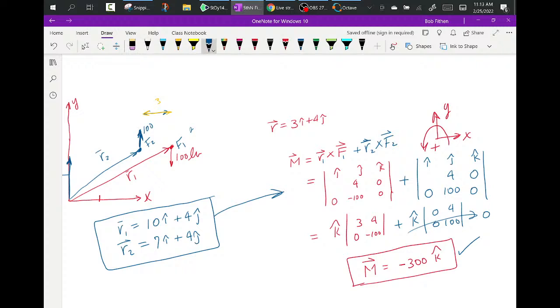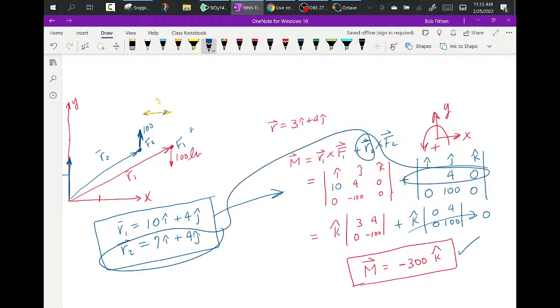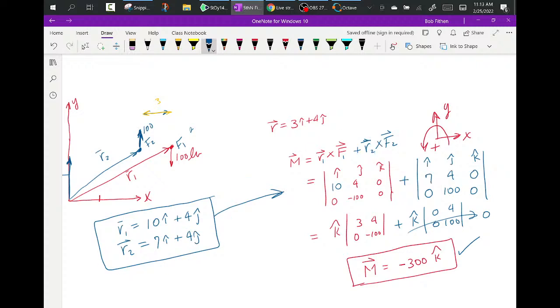So for R1, I grab this. It would be 10 and 4. For R2, I grab this one, which would be 7 and 4. Now, this doesn't become 0. This and this gets changed. This gets to 10, and this gets to 7.